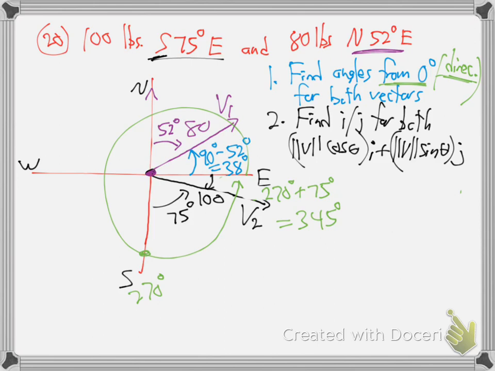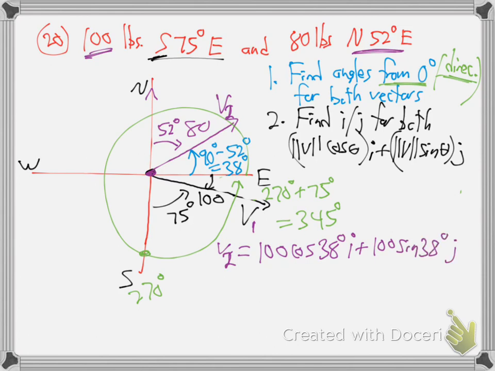Good. So vector v1 will be, what's his length, 100? 100 cosine of his angle. No, it's 2. Is that 2? Yeah, I kind of reversed them. Sorry, am I confusing you? You want me to call that one 2? I can do that because that was the second one. So the second one is 100 cosine 38 degrees i plus 100 sine 38 degrees j.